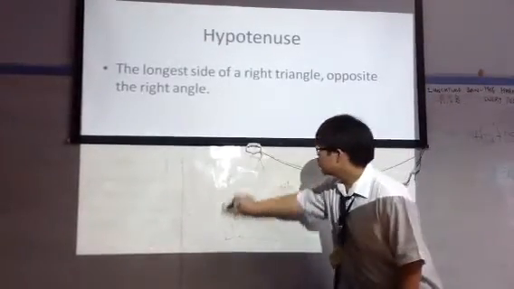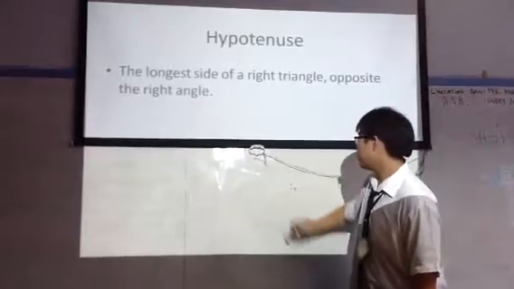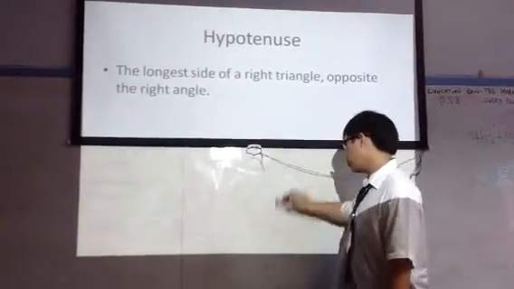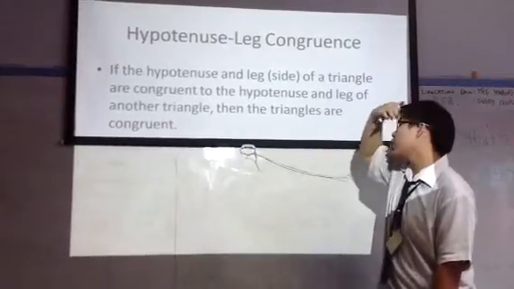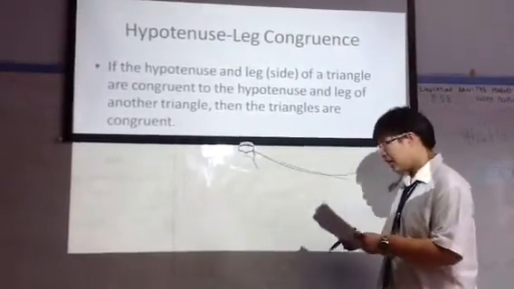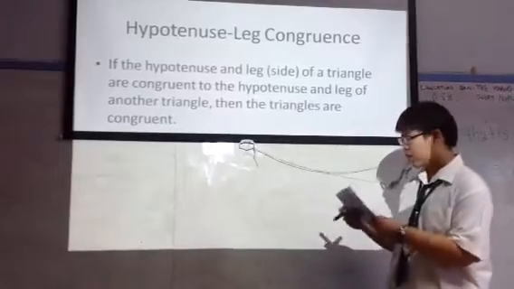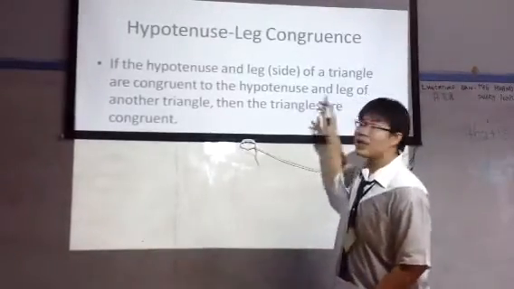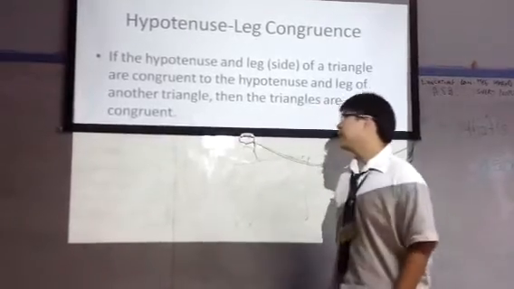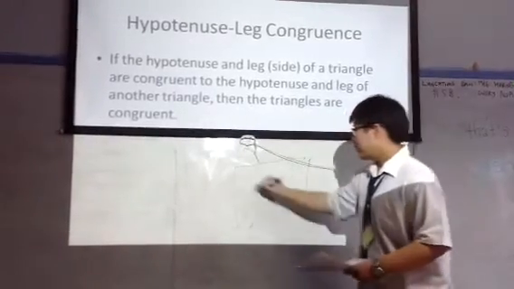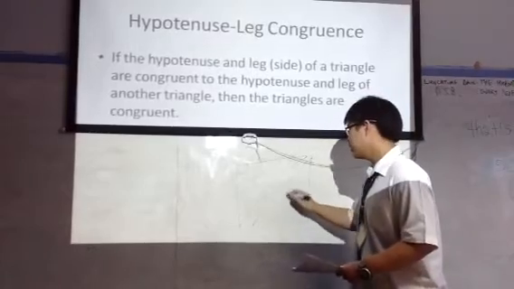So what do we need this for? Why did I bring this up? Well, the next one might be something you haven't heard before. The next one is the hypotenuse leg congruence. So if the hypotenuse and a leg of a triangle are congruent, the leg meaning one side, then in fact the triangles are also congruent. Right triangles, of course, have hypotenuses.